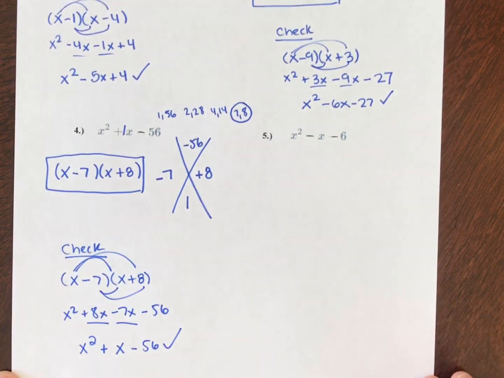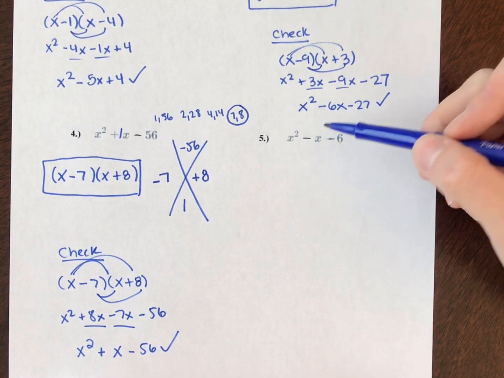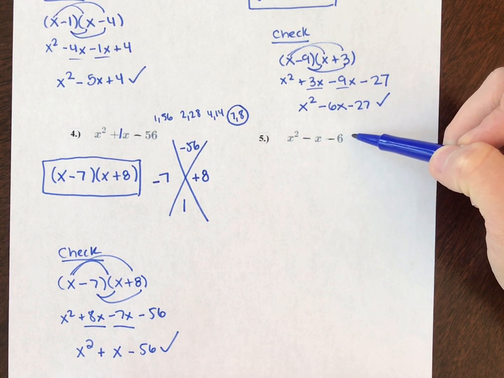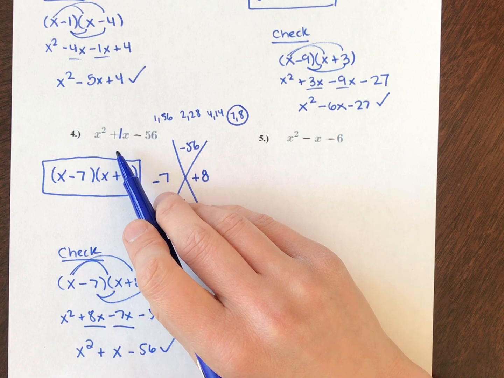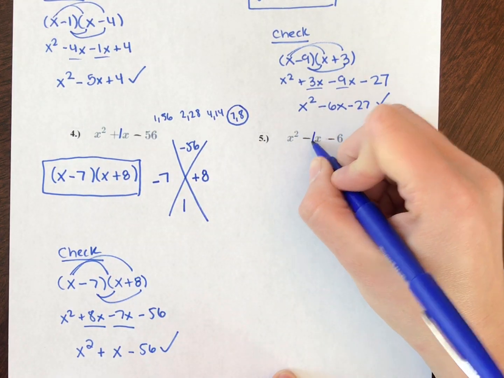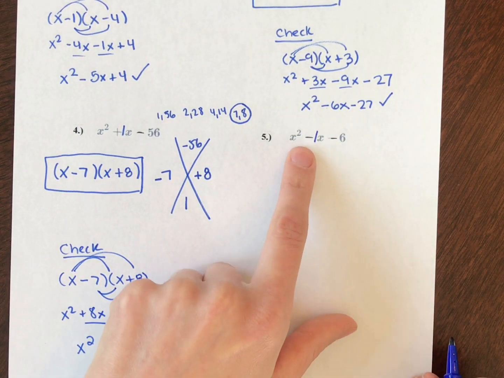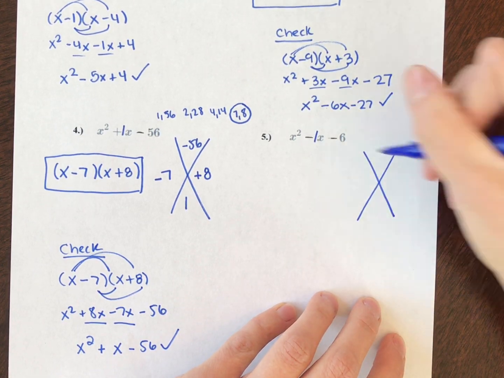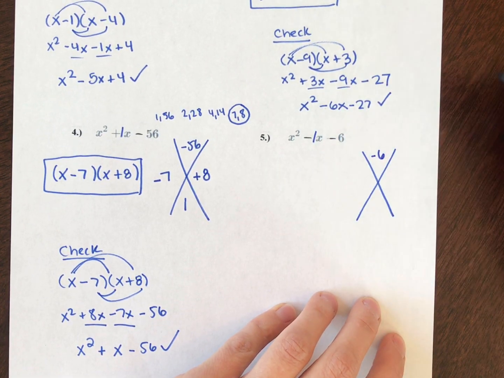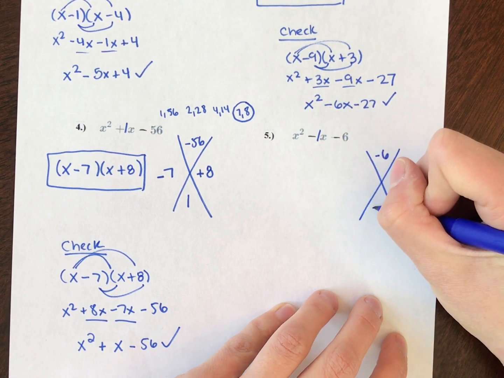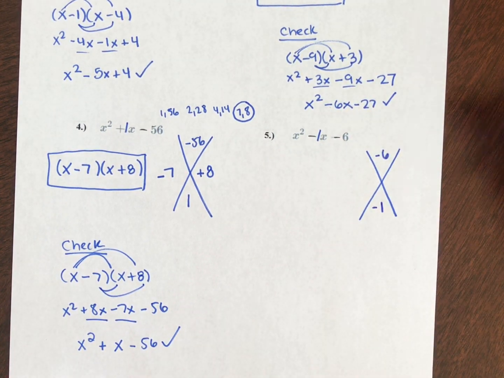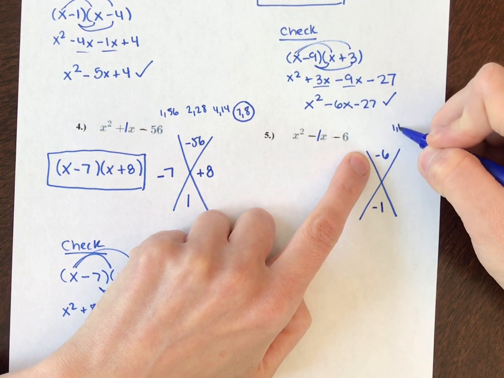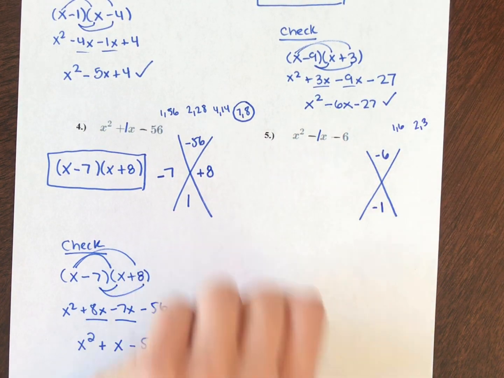And in my last example, if I have x to the second minus x minus 6, well, just like I put a 1 in my other example, I'm going to put a 1 in front of the x here, but since it's negative, that means when I fill in my x method, I'm looking for two numbers that multiply to a -6 at the end, and this time they have to add to a -1 in the middle. So my pairs of numbers that multiply to 6, I could have 1 and 6 or 2 and 3.